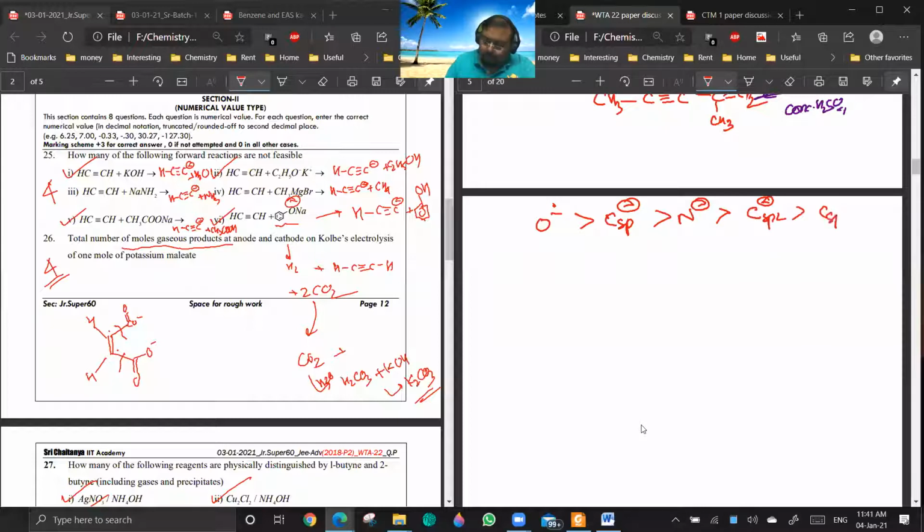Are you getting the point? Yes. So if it is more stable, then the product will be more stable. So you see, in all cases, the negative charge is shifting from oxygen to sp carbon, which is less stable. So this reaction won't be feasible. Are you getting the point? Yes or no? So that way you can explain most of the things. Is it clear? Yes, sir.